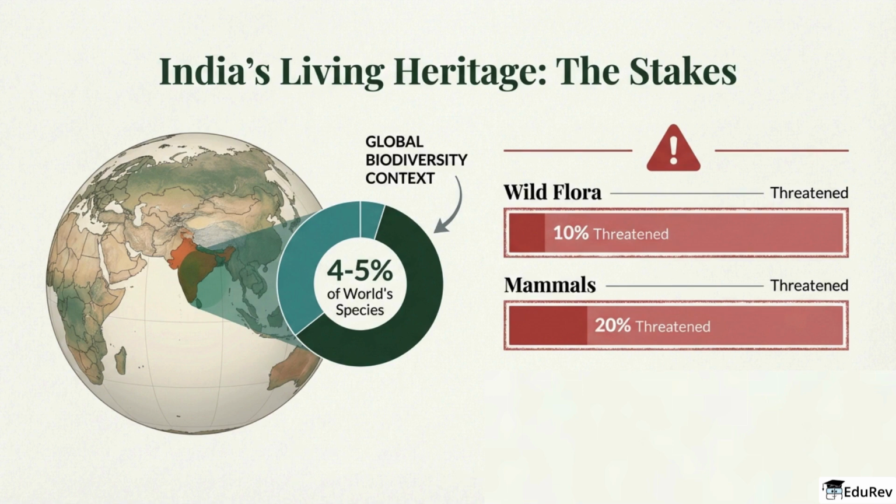That is the real conservation stake. So the chapter is not just about knowing species names. It is about recognizing that a significant part of our natural heritage is under pressure. And that is why classification, law, and protected areas all come in later.